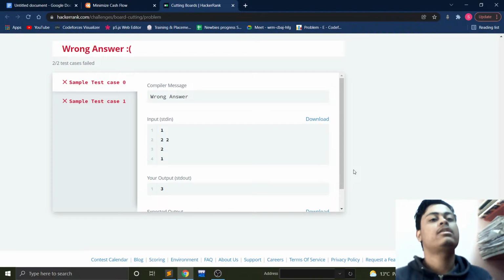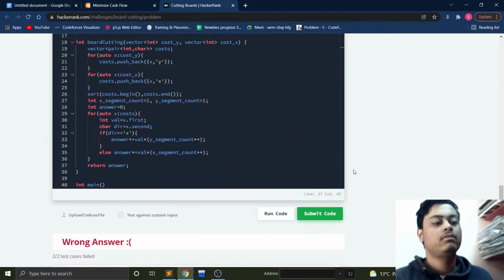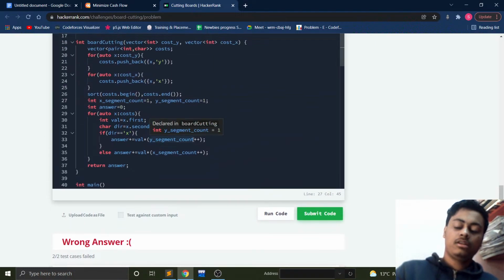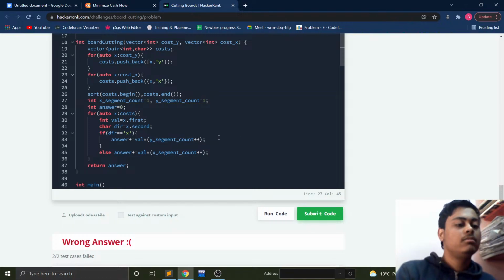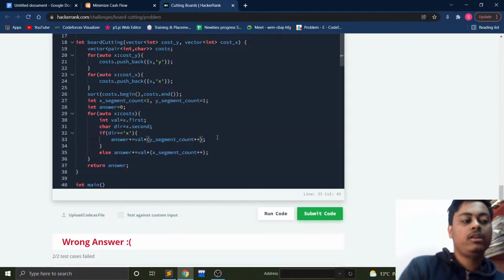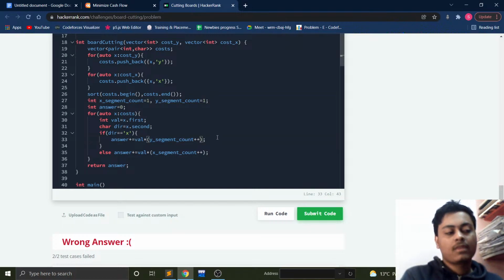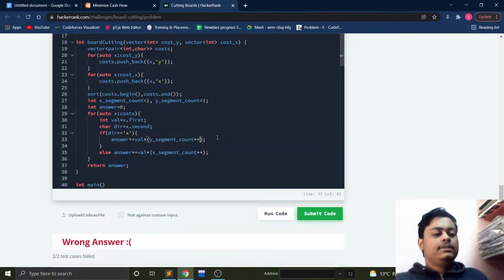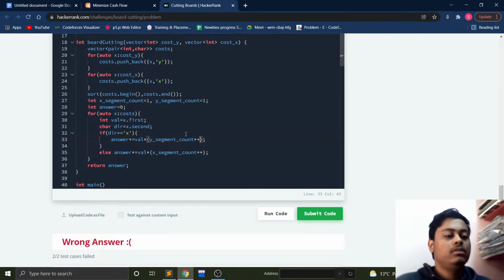If I'm cutting in the y direction, okay, yes, that I was thinking something. If I'm cutting in the y direction, I will use the number of x segments, but the number of y segments will only increase. If I cut in the x direction, how many segments in y have been made?